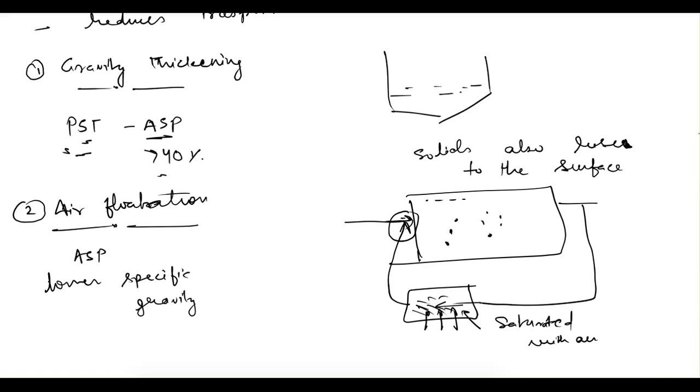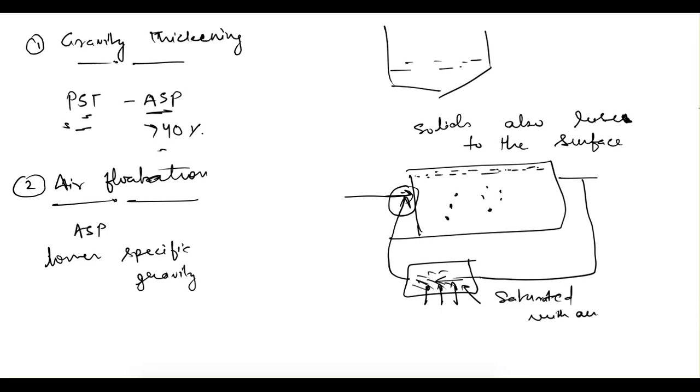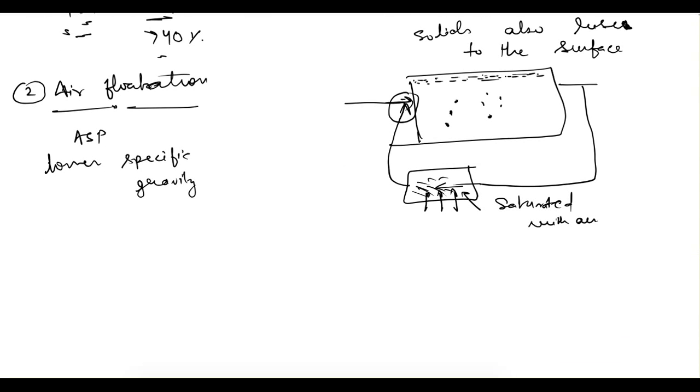That way a sludge blanket will form after some time, because the sludge has lower specific gravity, so it can come up with the air. The sludge blanket is formed, and with the skimming process it can be removed. That's how air flotation works.